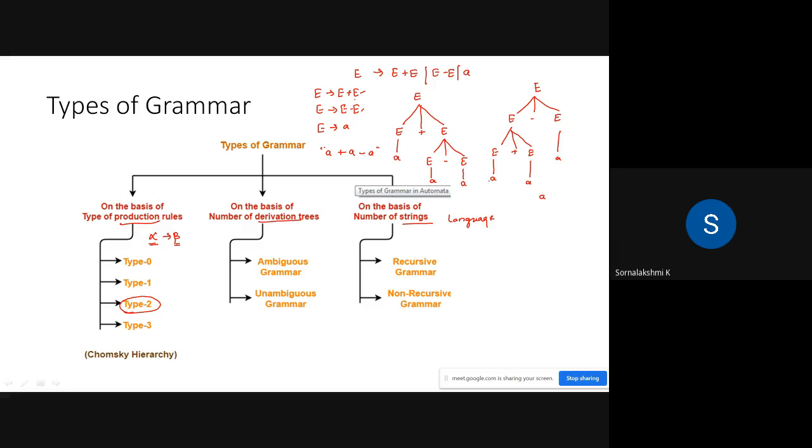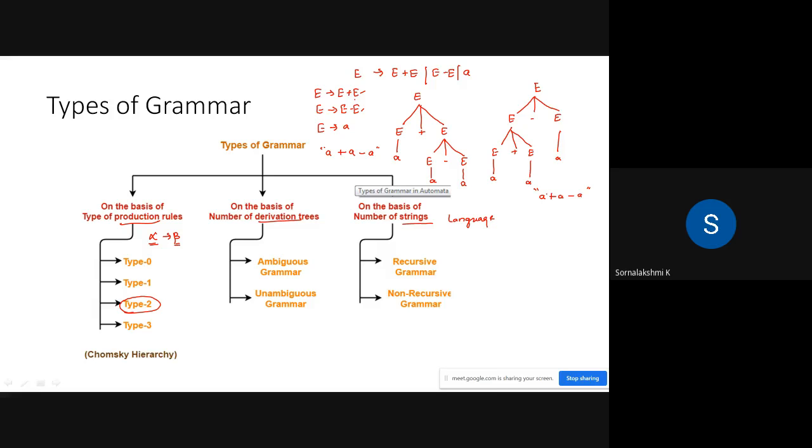Again, A plus A, and I get a minus A. This is a string. Now remember, for the same string A plus A minus A, I have 2 parse trees with me. Am I right?